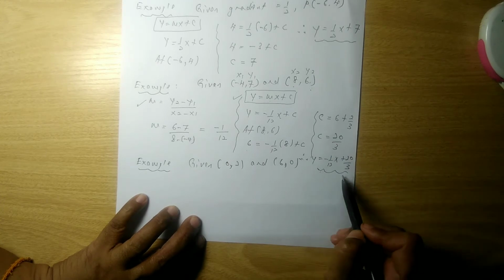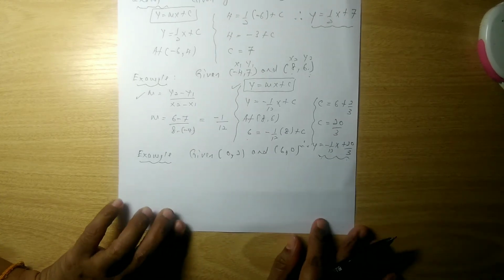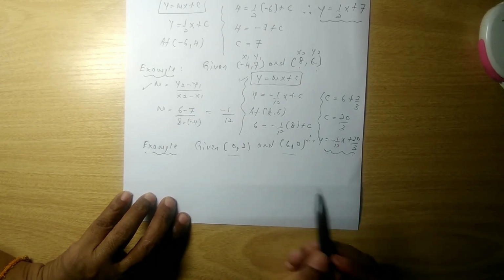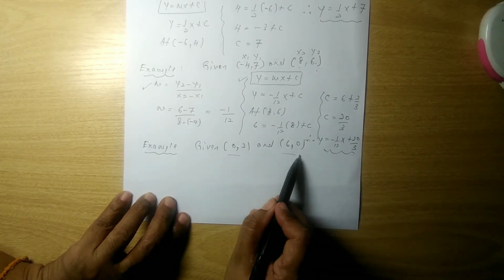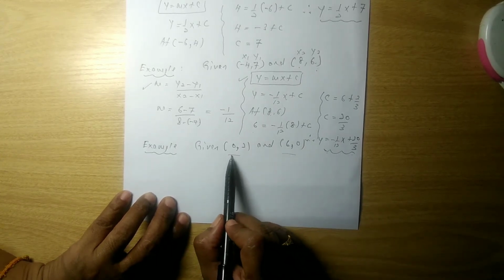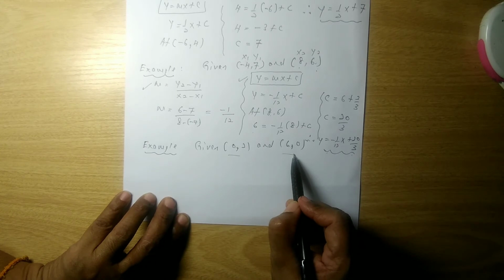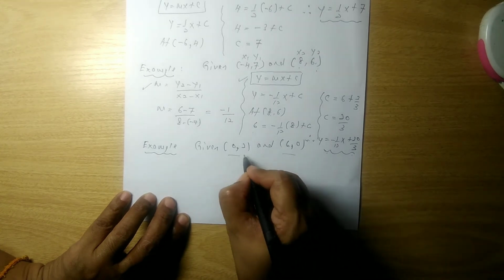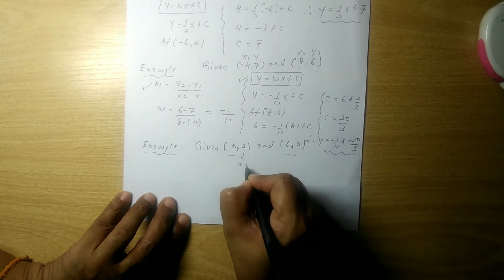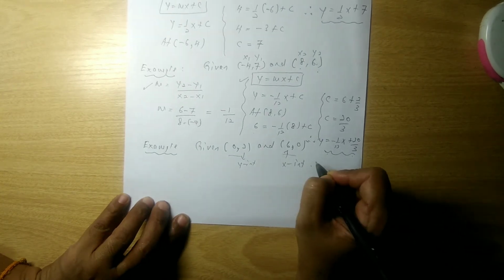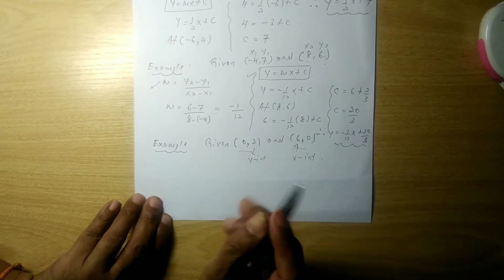So that's my equation. And the last one is, let's say you're given coordinates and you notice that these are actually your intercept coordinates. This is your y-intercept, this is your x-intercept. For this particular one, this is a special case.